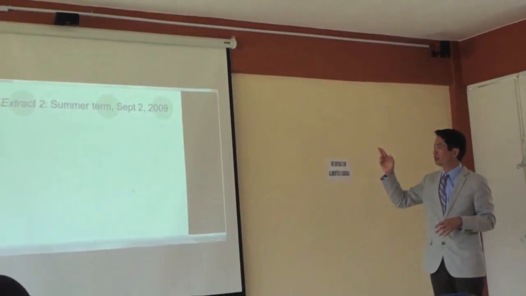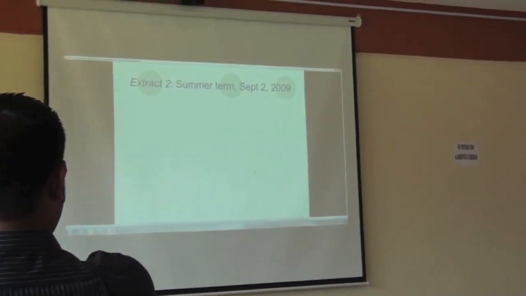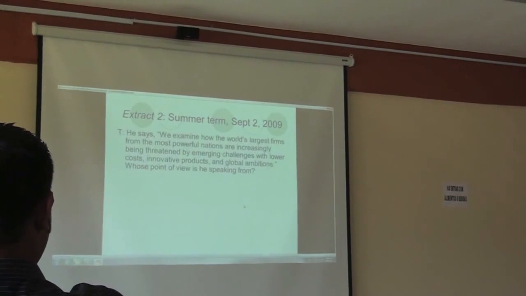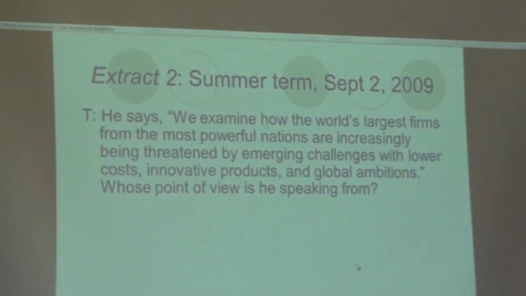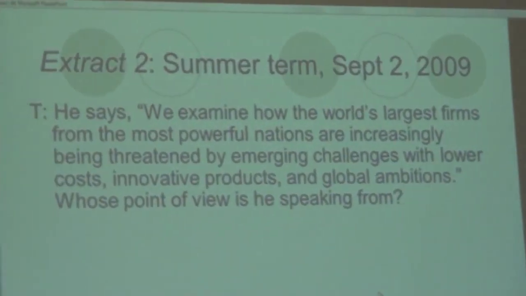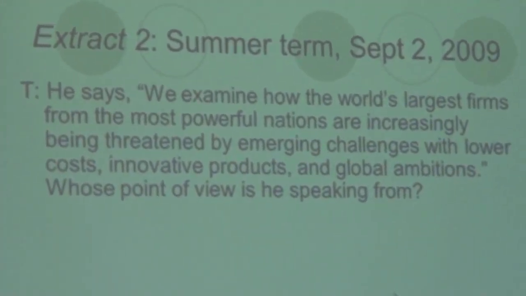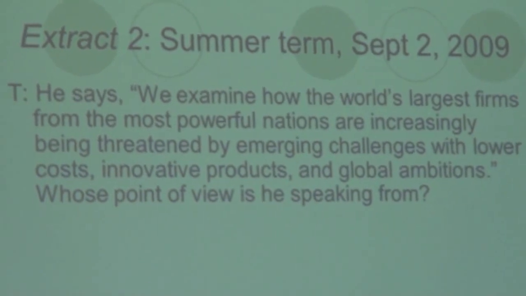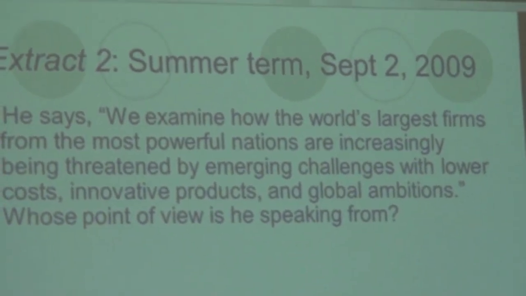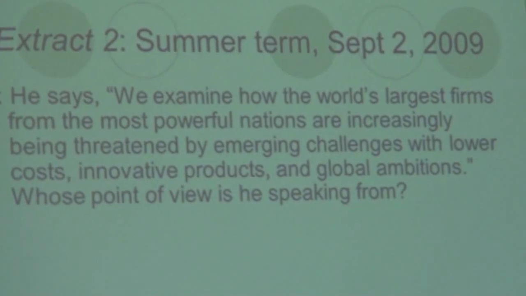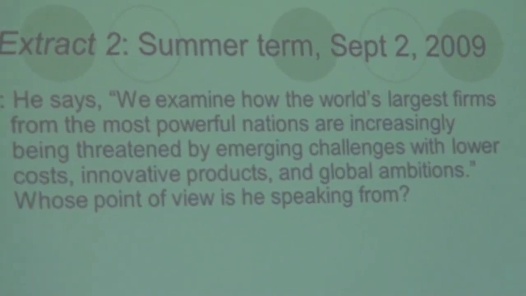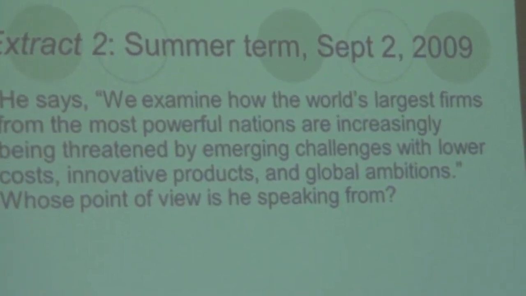Now, another interaction on this video is when the teacher addresses what the narrator says, as we just heard, when he says, we examine how the world's largest firms and the most powerful nations are increasingly being threatened by emerging challenges with lower costs, innovative products, and global ambitions. Whose point of view is he speaking from?